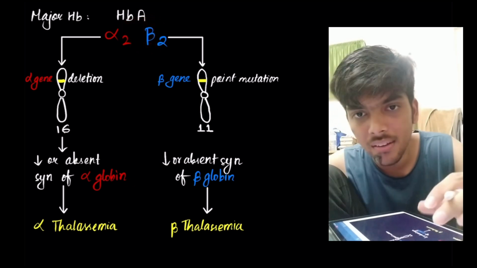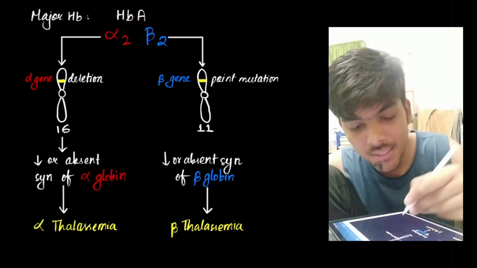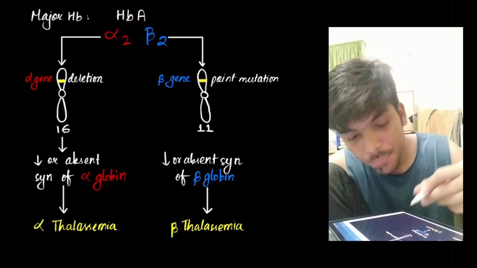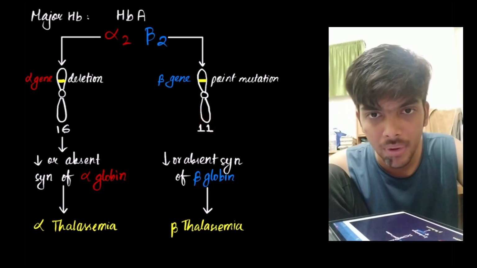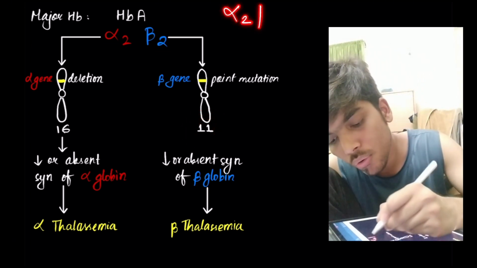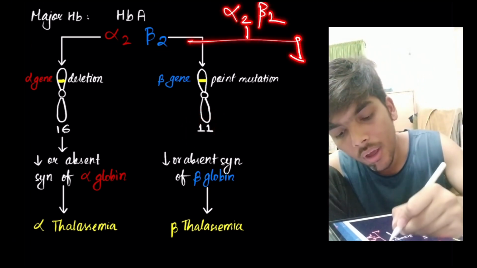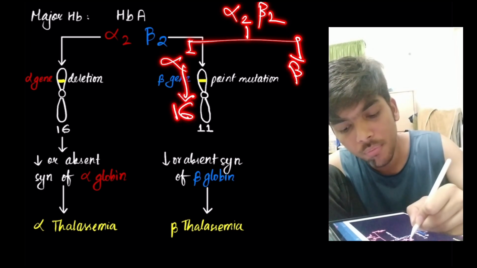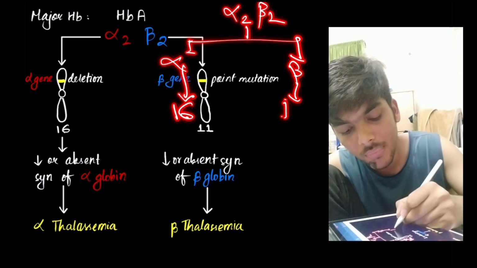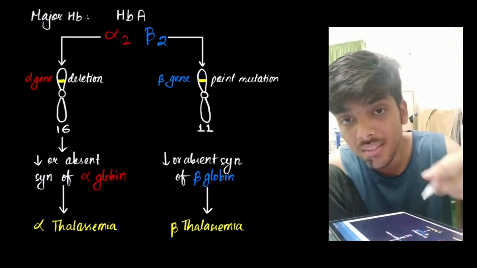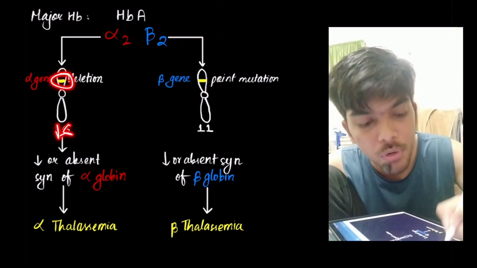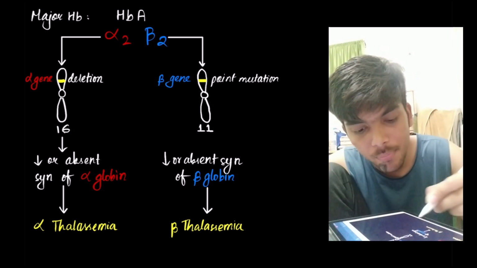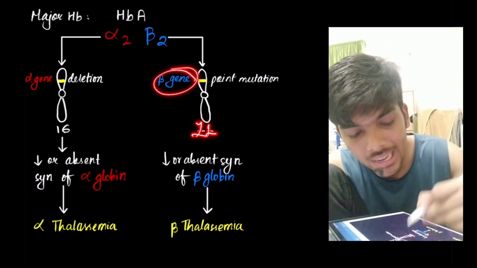Similarly, beta chain is a protein synthesized by the beta gene, and this beta gene is present in chromosome number 11. Alpha is synthesized by the gene present in chromosome number 16, and beta is synthesized by the gene present in chromosome number 11.